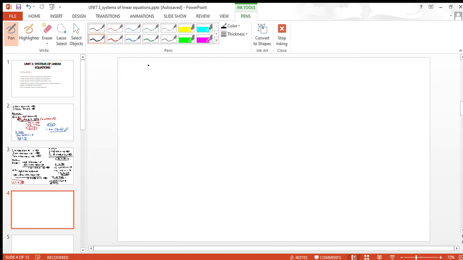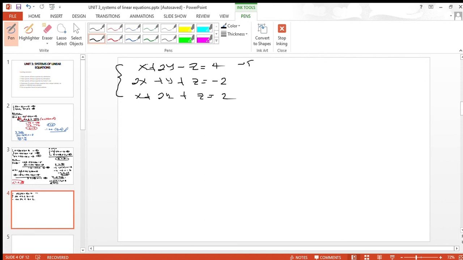So let's say we have the first equation as x plus 2y minus z equals 4, and then we have 2x plus y plus z equals minus 2, and then we have x plus 2y plus z equals 2. So this is our system, equation 1, equation 2, equation 3.